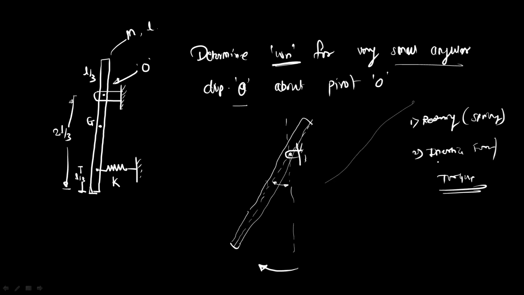To decide which, we have to identify whether it is a linear system or a rotational system. If the system has a pivot point and is a rod-like system, then it is a rotational system, so we have to find the inertia torque. Then write Newton's second law, find the equation of motion, compare this with the simple harmonic motion, and get the equation for omega n.